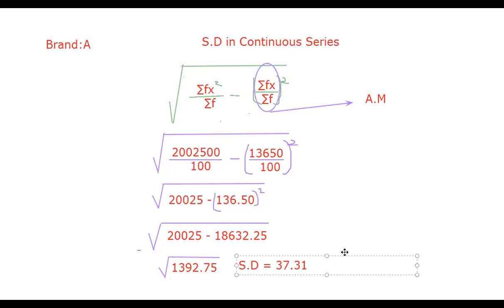So 37.31 is the standard deviation for brand B. So which brand, A or brand B, gives a higher life? Brand A, right? So brand A gives higher life.